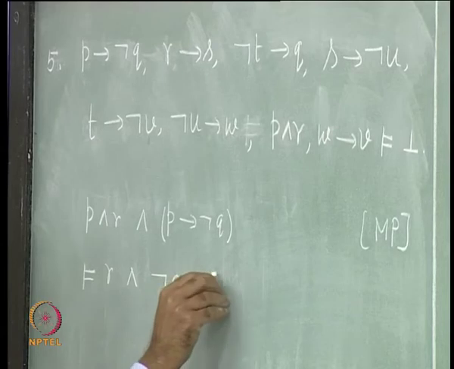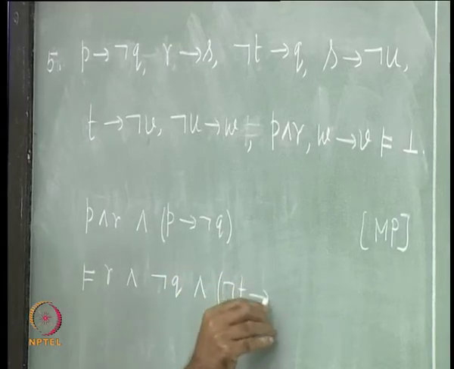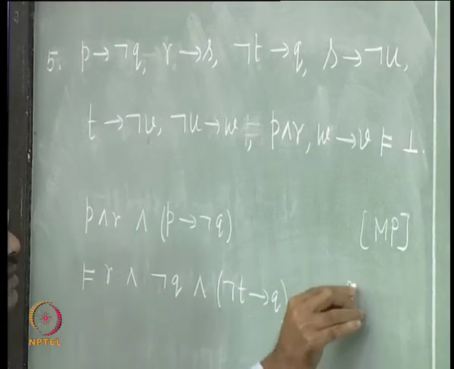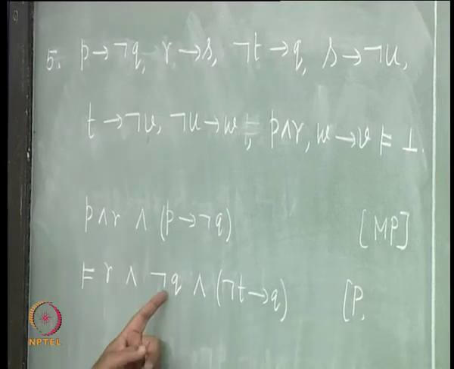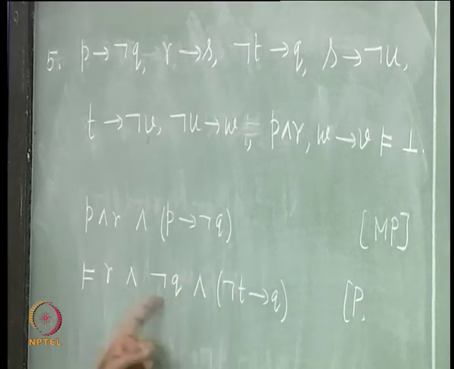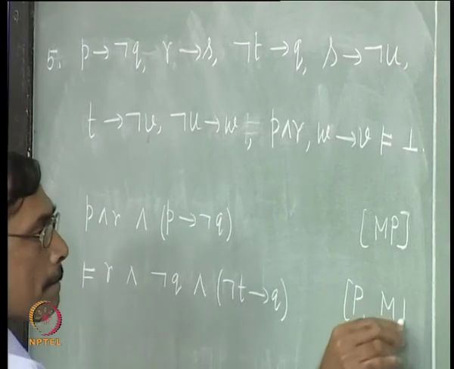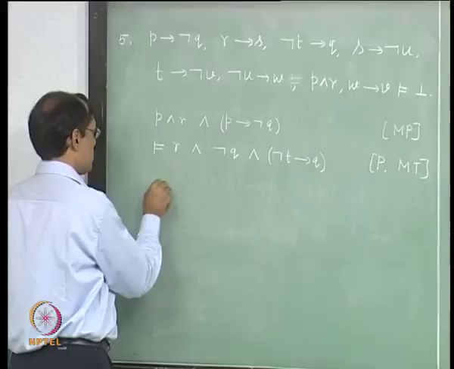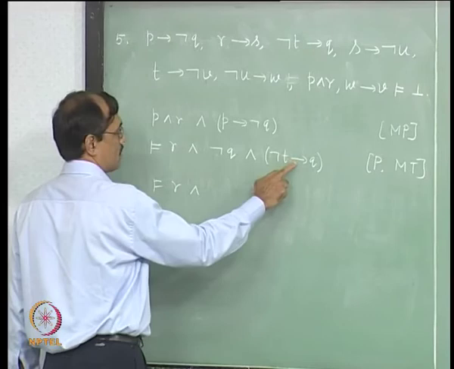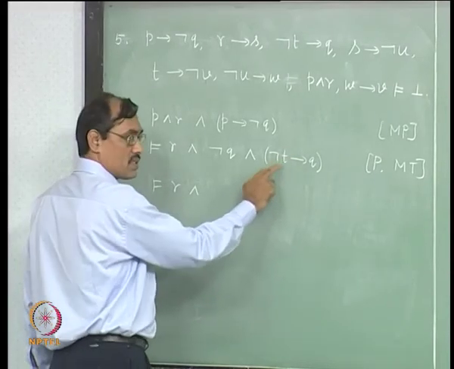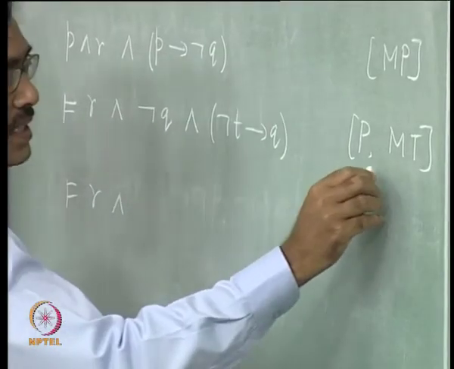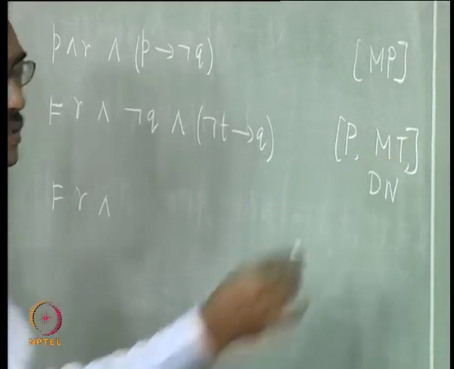So, introduce another premise here. I have used a premise and then we want to use modus tollens. So, that gives R and not of not T. At a stage, if you want, you can put double negation here.